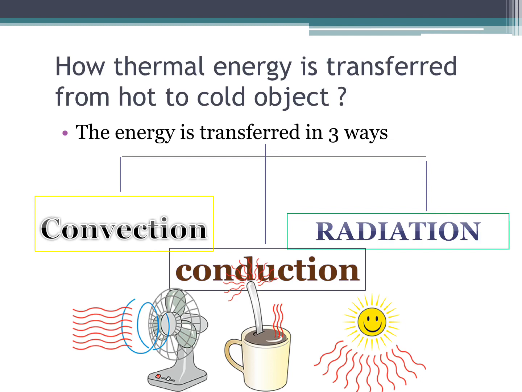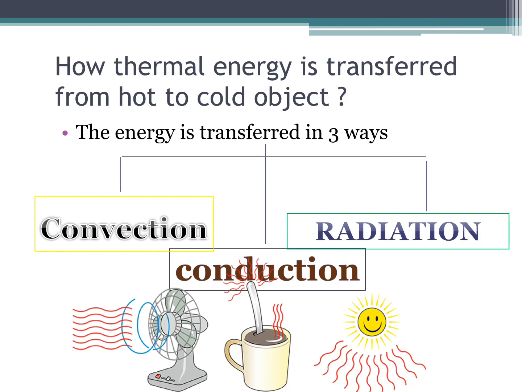The second one is convection. What is convection? Convection is the transfer of thermal energy by circulation or movement of liquid or gas. So it talks about how the movement of liquid and gas could transfer thermal energy.